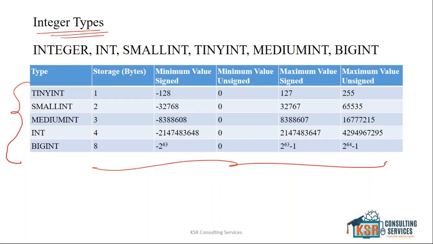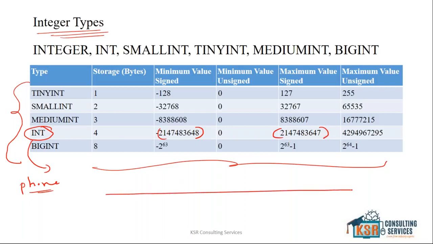When you see this integer, let us observe it. This is the integer which I gave as the data type for my phone number. The minimum number that can fit is this one, and the maximum number that can fit is this one.